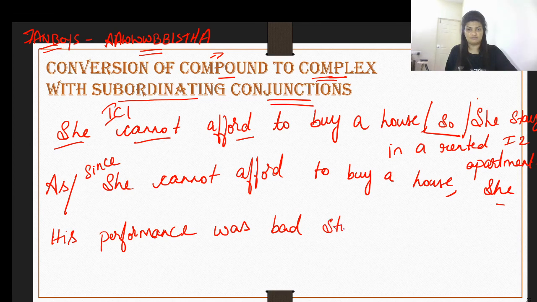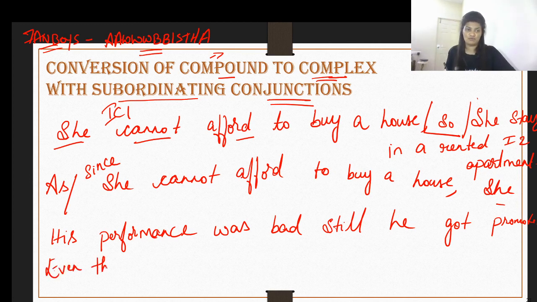Still, he got promoted. So how are we going to change this into our complex sentence is the question. You can bring in the conjunction even though, or you can also write it as although.